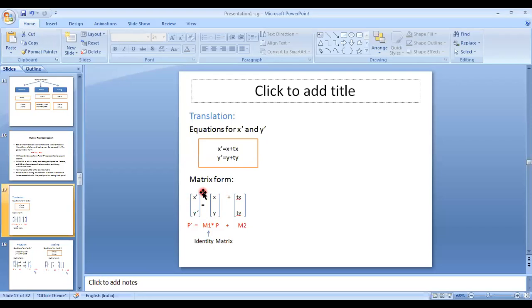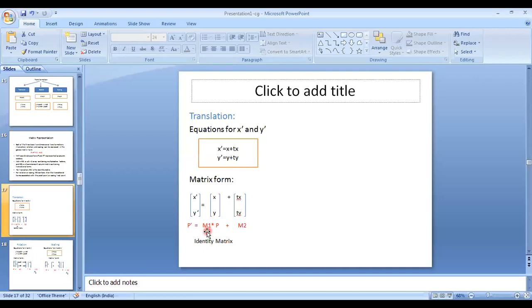Now in matrix form, x dash equals x plus tx, y dash is equal to y plus ty. I will substitute this into my general matrix equation, that is p dash is equal to m1 into p plus m2. Here p dash is x dash, y dash, and p is x, y, into m1. M1 is the identity matrix here, which doesn't change the value of the actual thing.